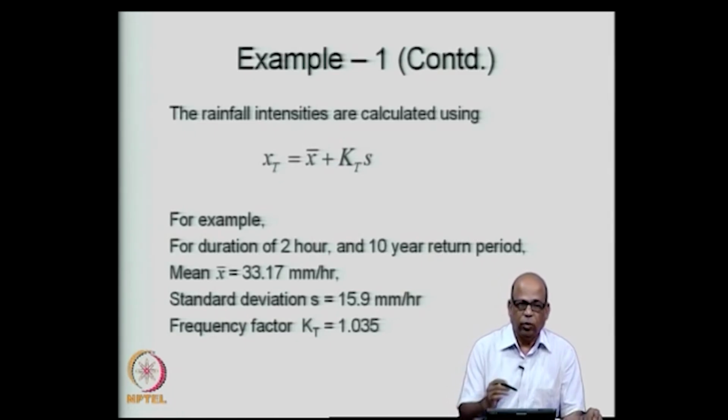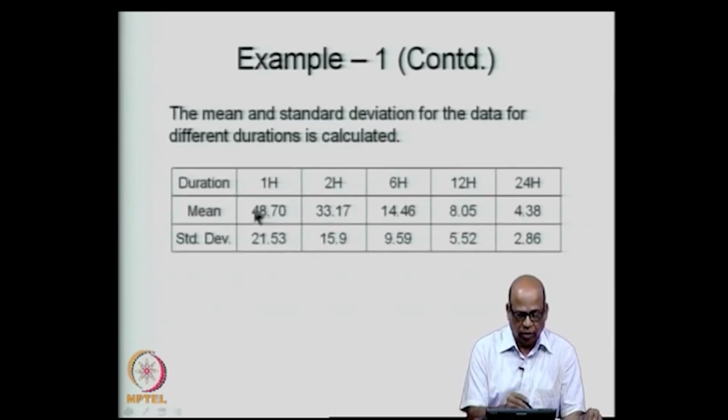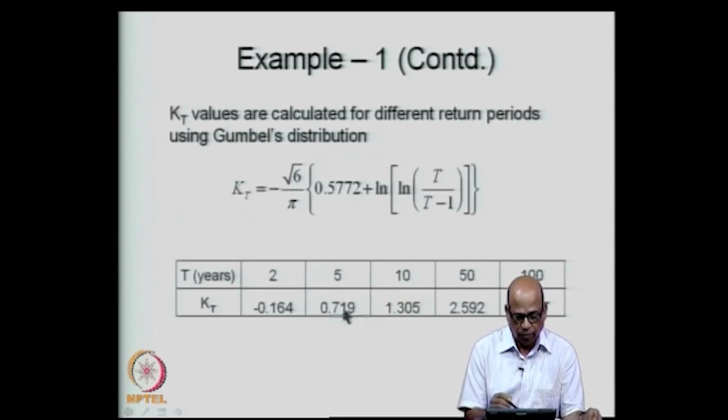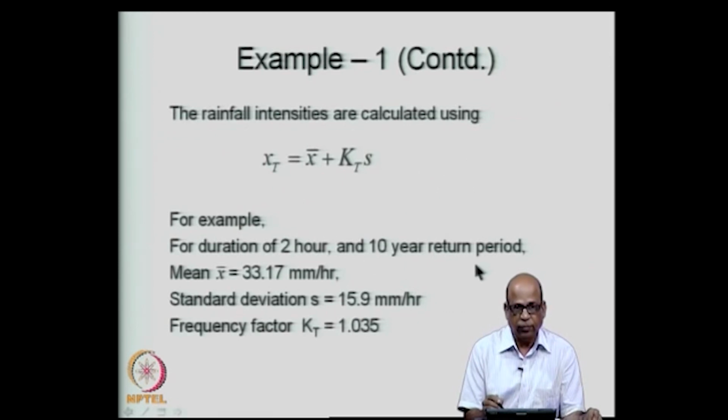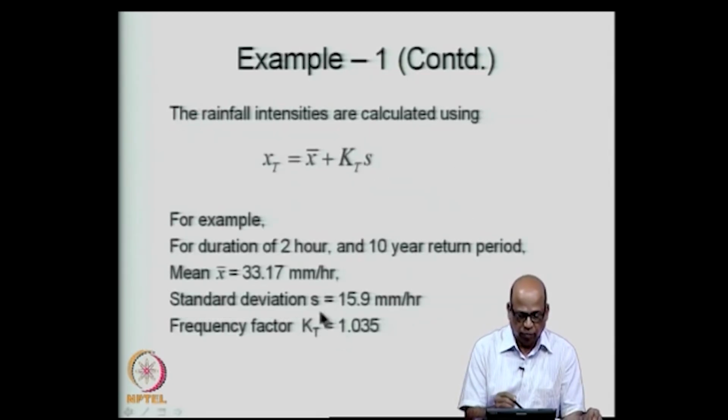For example, you take a 2-hour duration. Now, for the 2-hour duration, we have calculated the mean as 33.17 millimeters per hour and standard deviation as 15.9 millimeters per hour. We use that and then get the frequency factor. A frequency factor is obtained here for a return period of 10 years. We are talking about 10-year return period, and the frequency factor we have obtained as 1.305. So, 1.305 is KT.